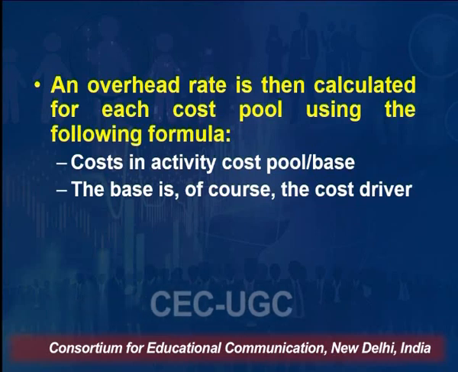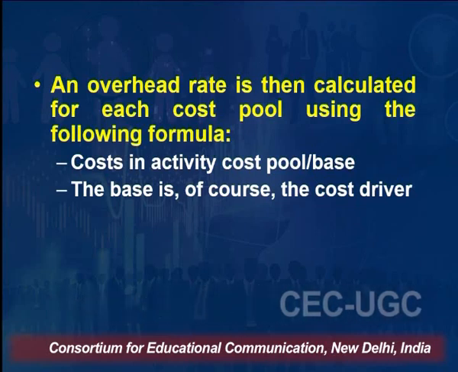So whatever driver of that particular cost or activity you have determined is acting as a base. We take the cost in the specific activity cost pool and divide it by the base of that particular cost driver to calculate the rate. And this is the rate on the basis of which we are going to allocate that overhead.